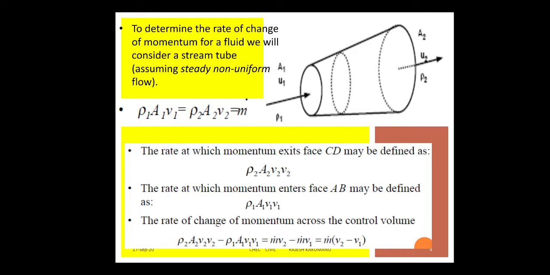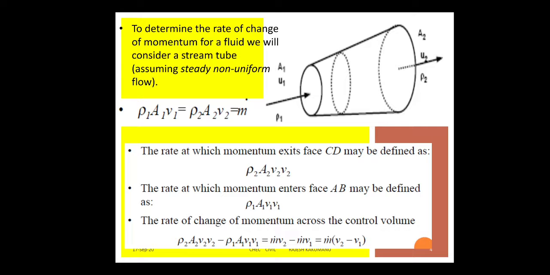Next, if you determine the momentum equation with respect to a circular pipe which has a change in diameter, we can say there is a pressure change in the pipe.